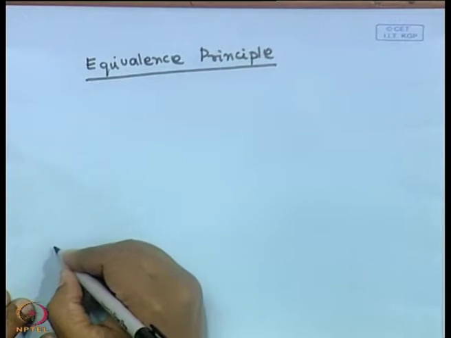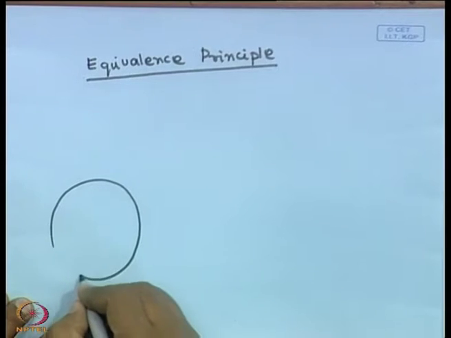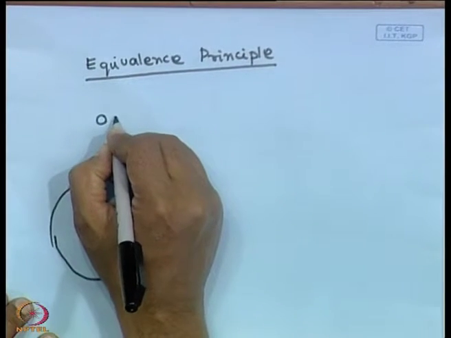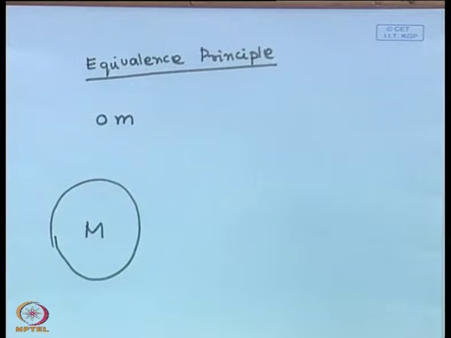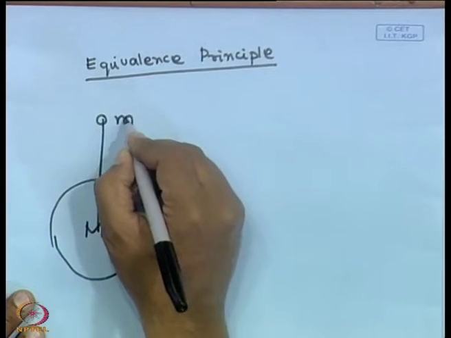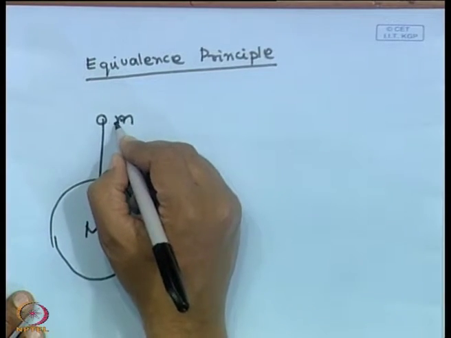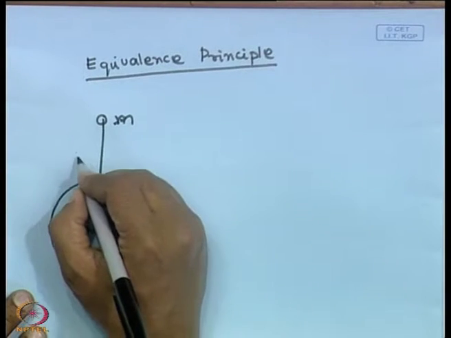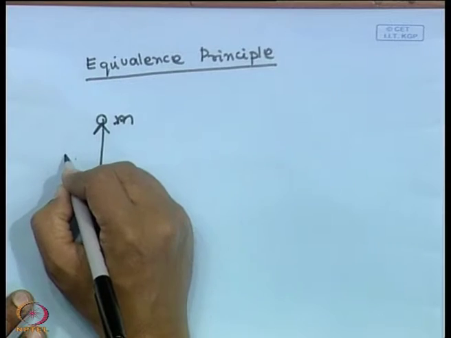So, there is an object here, mass m, and there is another object of mass small m, let us say. One of them need not be small; they may be the same, or this may be larger than this, it does not matter. Let us write down the equation of motion of this object in the gravitational field of the other. Let me call this vector r.